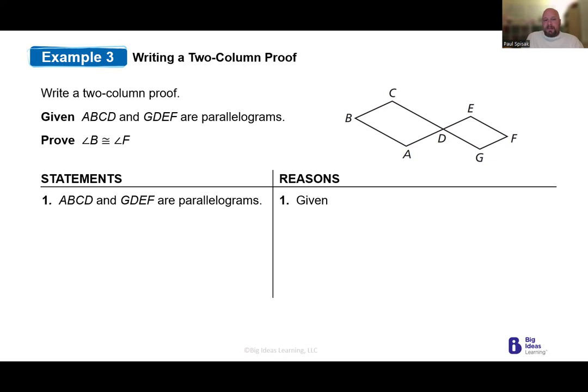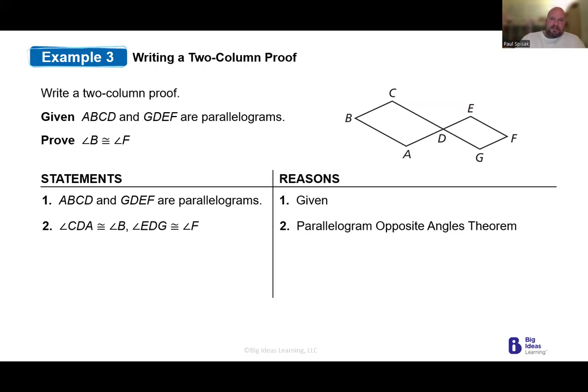So on this one, we have the two parallelograms that was given. We also know that the opposite angles of a parallelogram are congruent based on parallel opposite angles theorem. So they're lining up the parts that we have. Let's go ahead and label it on the diagram so we can see. They said these two are congruent, and they said that these two are congruent.